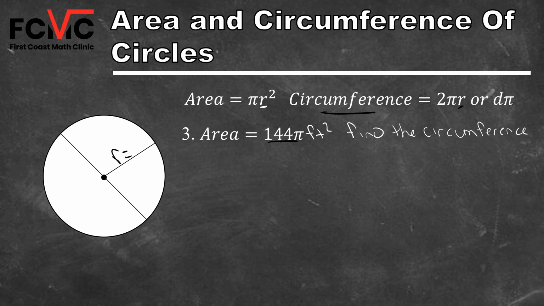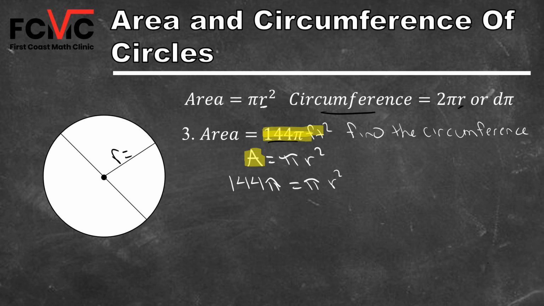So we know our area formula is pi times our radius squared, and we know our area is 144 pi. So we can replace our value of A, our area, with 144 pi. So let's do that on our next step. So we'll have 144 pi equals pi times the radius squared.